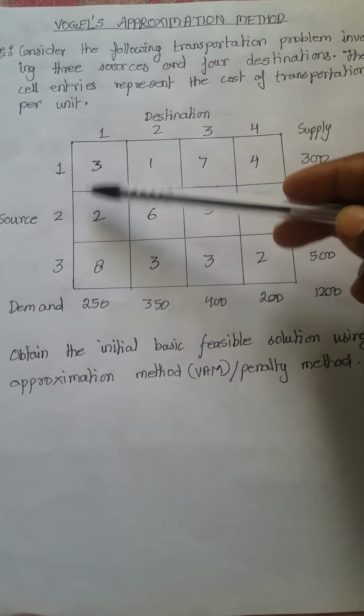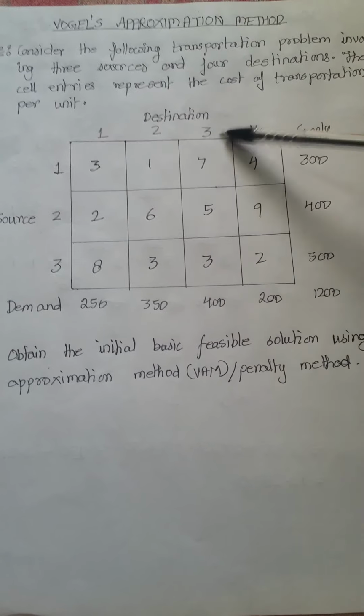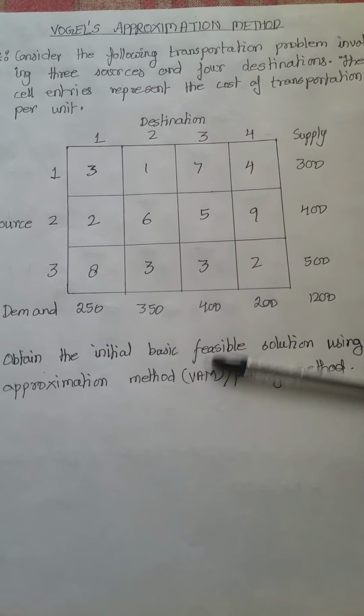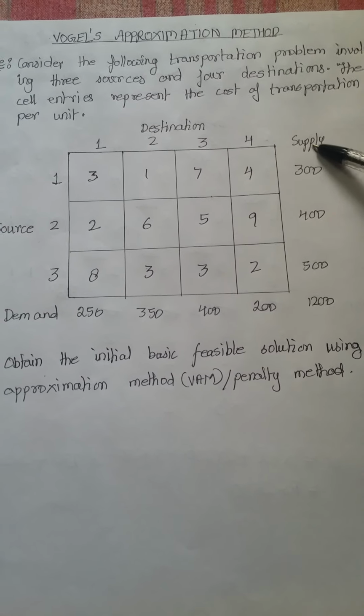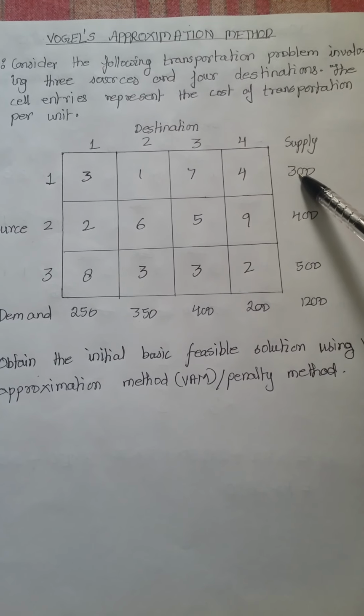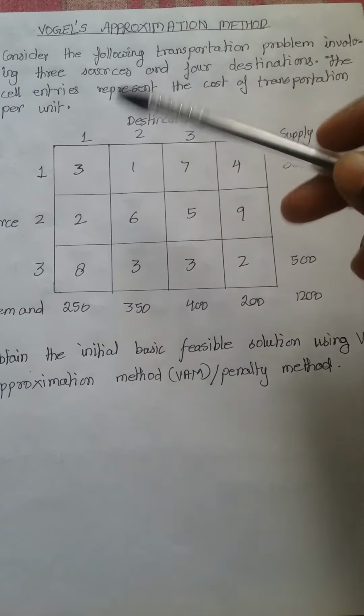We have 3 sources 1, 2, 3 and 4 destinations 1, 2, 3, 4. The values written in the cells are the cost of transportation per unit. And the rim values show the total supply of the first, second and third source, and the total demand of each destination.